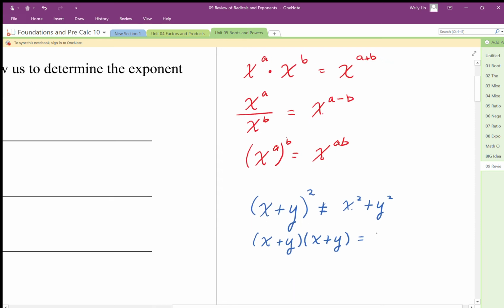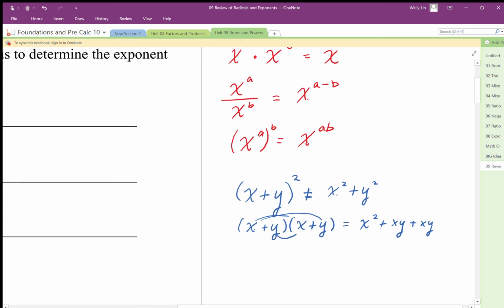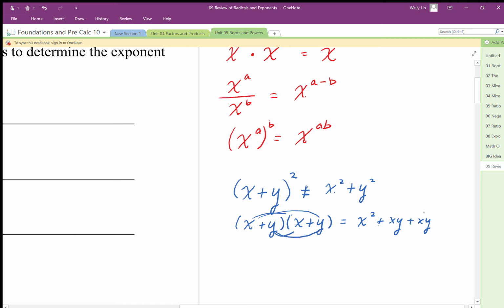Okay, and this can be done, and we end up with distributing it out. We end up with x squared. We have to distribute x times x, x times y, y times x. But this is really just multiplication and addition, which involves distribution.